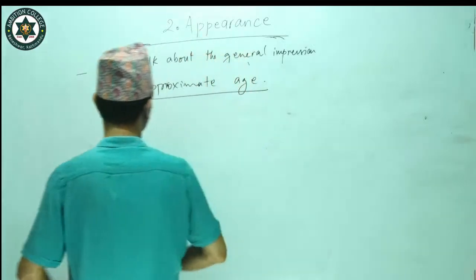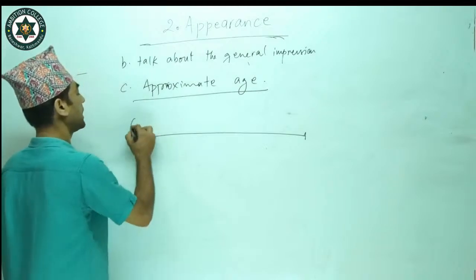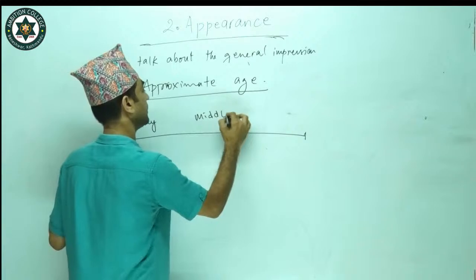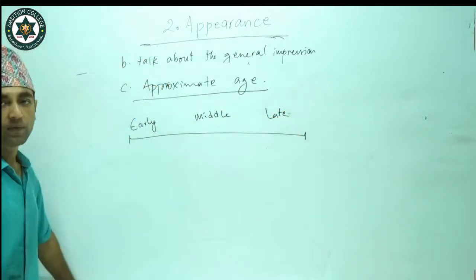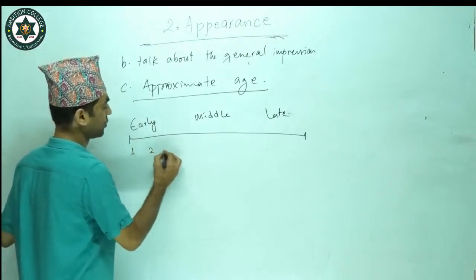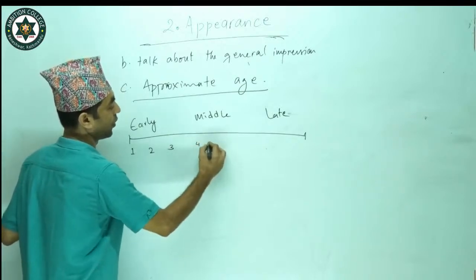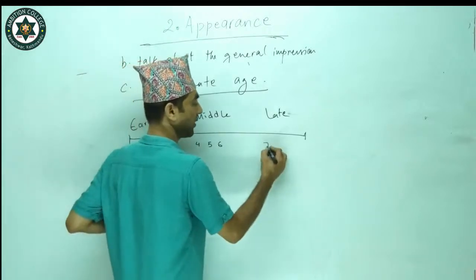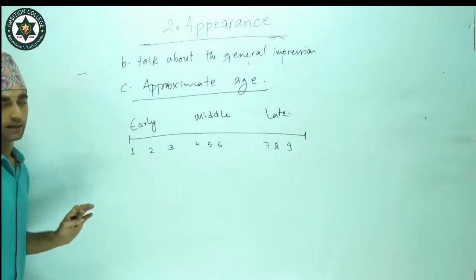To do this, we need to understand this concept of early, middle and late. Now, when the digits range from 1 to 3, we call it early. 4, 5, 6 is the middle. 7, 8, 9 is the late.